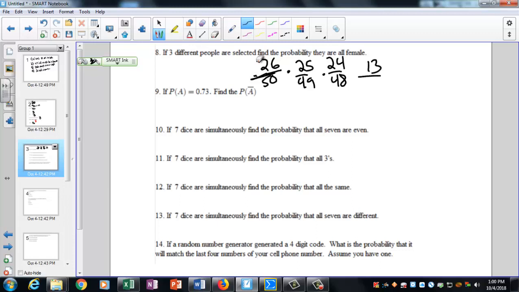Which I believe is 13 over 98, if I did that mental math in my head correctly.